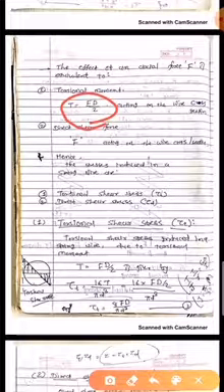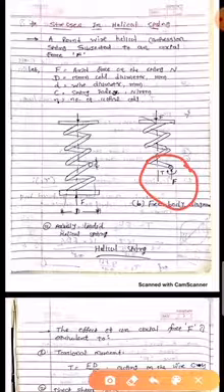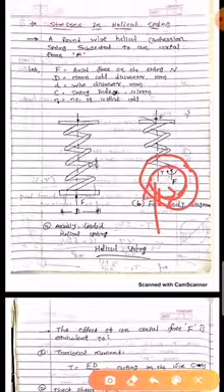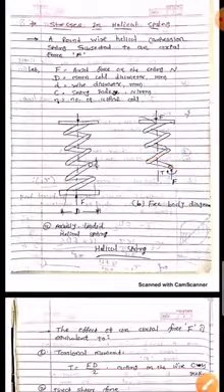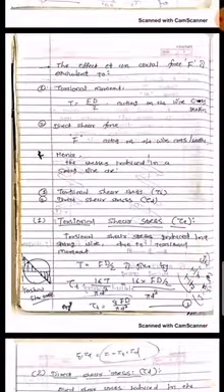F into D by 2 means force into perpendicular distance. Here is the force F, the total diameter is D, and half of it is D by 2. So T is equal to F into D by 2 acting on the wire cross section.